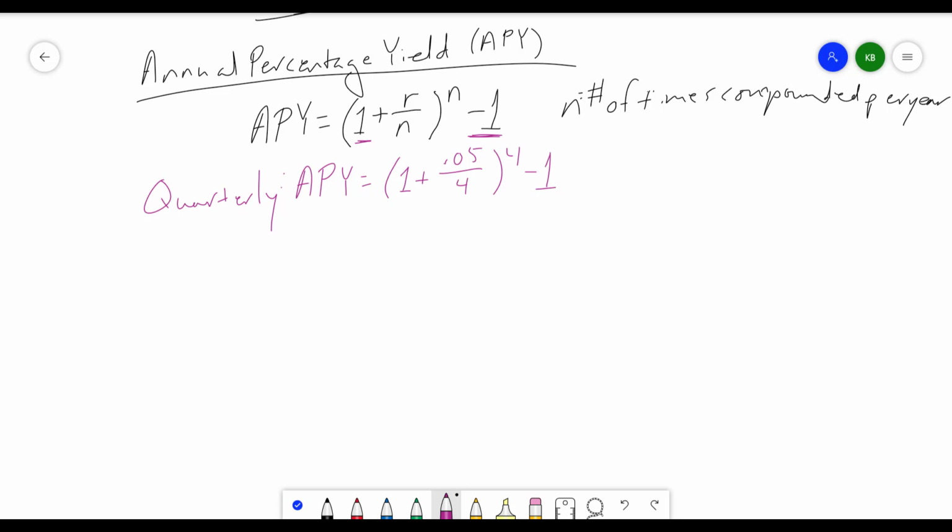So if we work this out, remember we'll have APY equals, we need to simplify what's in our parentheses, so I have 1 plus 0.05 divided by 4 was 0.0125, raised to the 4th power minus 1, and again continue to simplify, so I'll have 1.0125 raised to the 4th power minus 1.